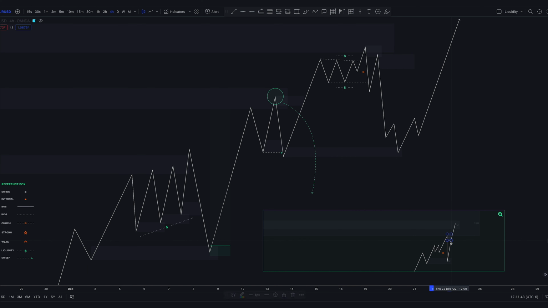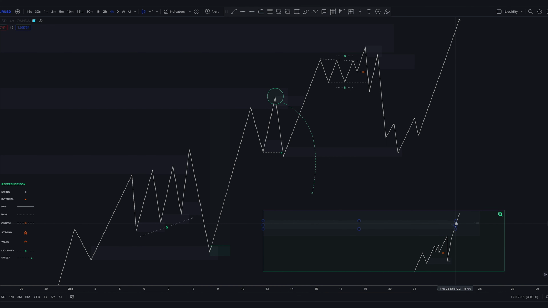Okay, so let's continue here. Even though we had the CHoCH on the 1 minute here, we're not going to be taking shorts from here, because we already know that we haven't mitigated that 1 minute supply yet. We don't know if this is going to hold. Now price comes all the way up here, boom, and it breaks our last supply zone on the 1 minute.